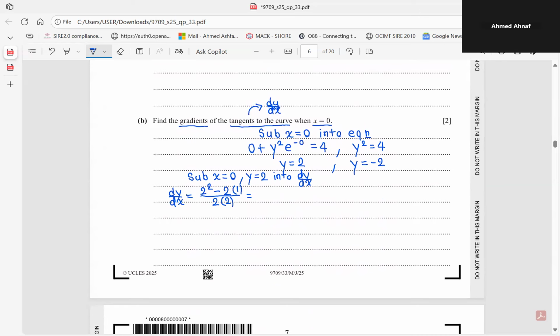Putting all this into a calculator, you get (4 - 2) over (2 times 2), that's 4. So you get a half. So this is our first answer for the first tangent.